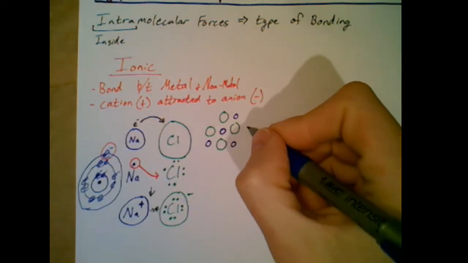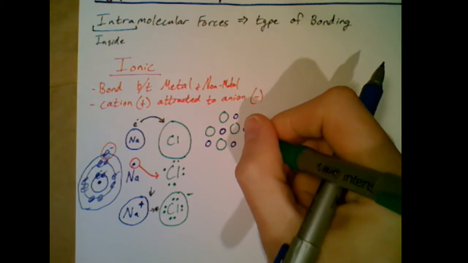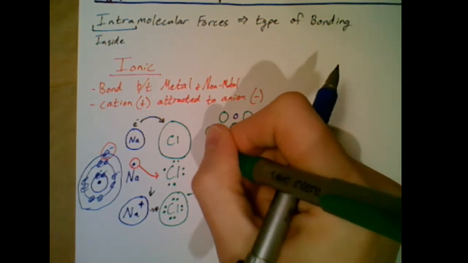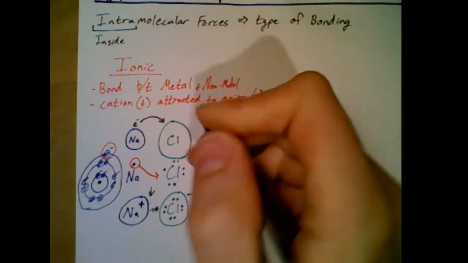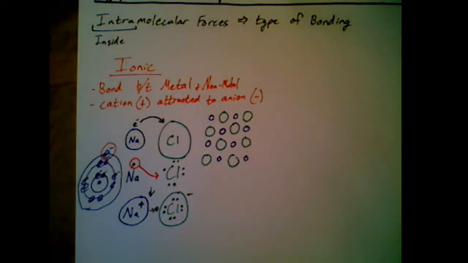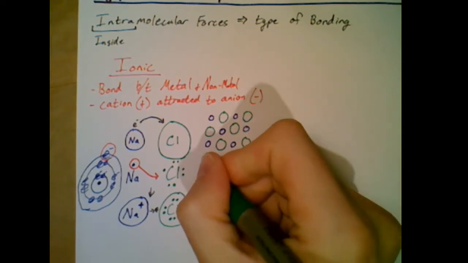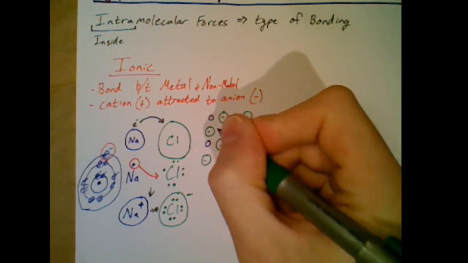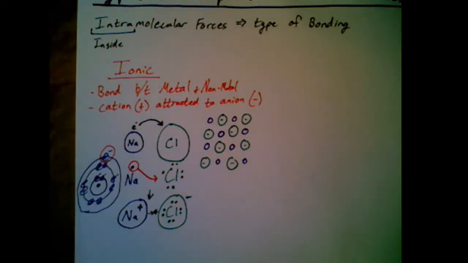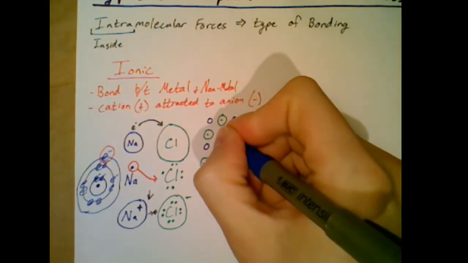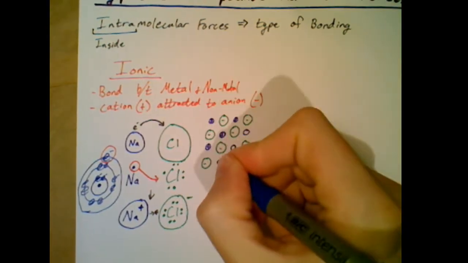You end up getting a big lattice, a big crystal structure of these different atoms sticking together. And if you think about what's happening inside, each one of the chlorines is going to be negative. And not a partial negative like we saw with polarity. We're talking full negative, a full extra electron. The sodiums are all positive.